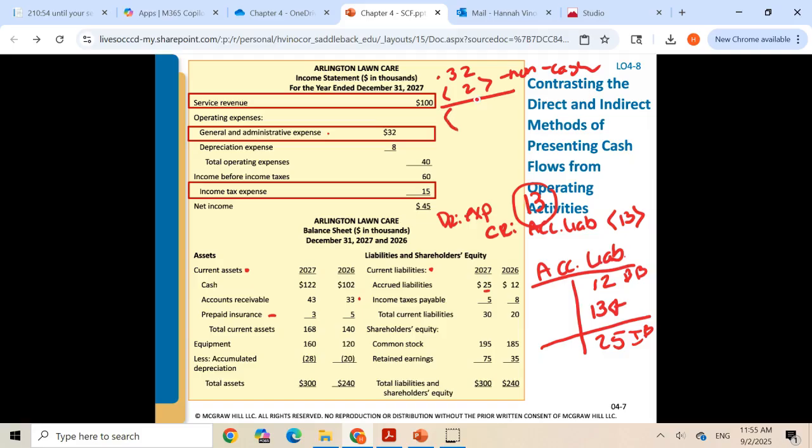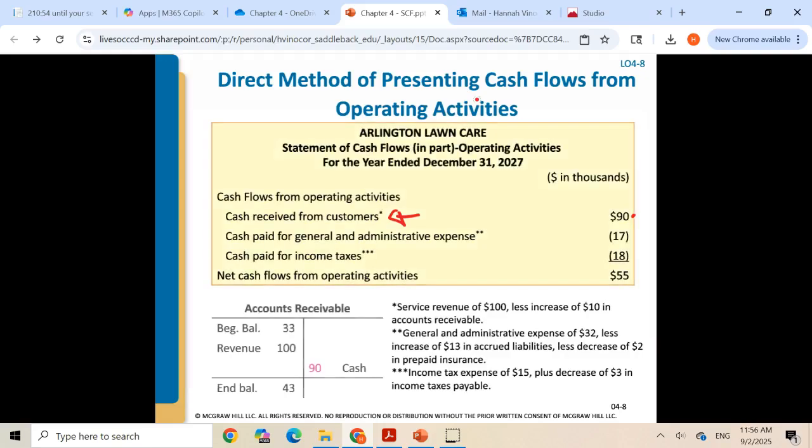So we need to remove another $13 of non-cash expense, which leaves me with, I believe, $17 of G&A expense that now we know was all cash. So we're going to go back to the following page, and here we have cash paid for general and administrative expense, $17. That's how we get that number.